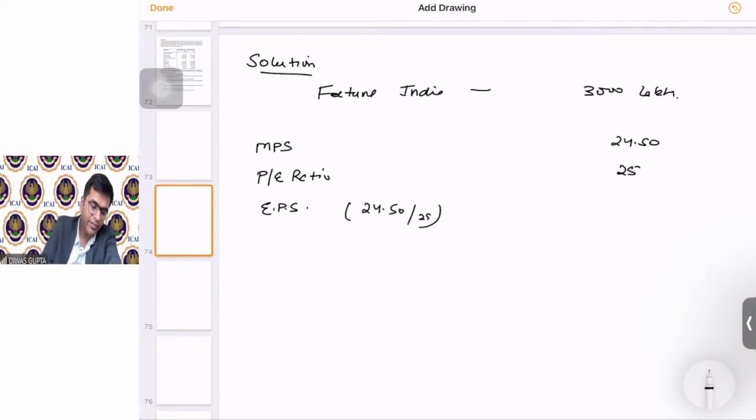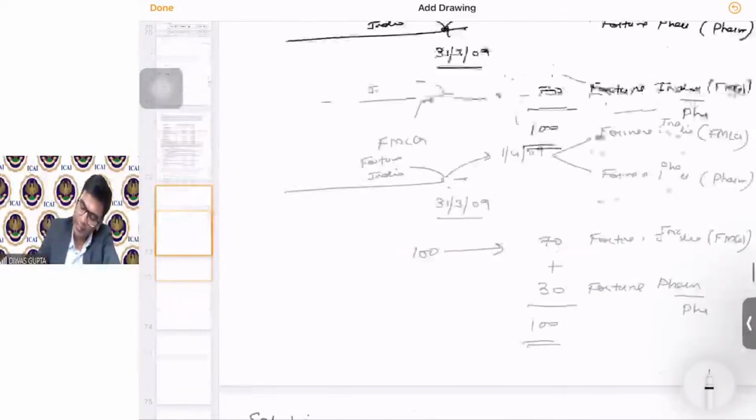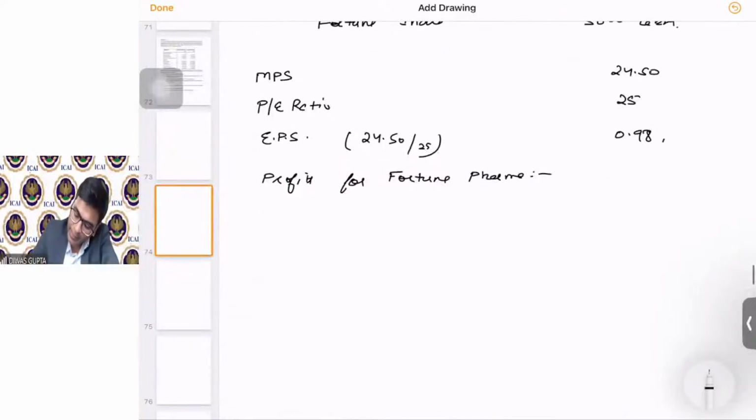24.50 divided by 25, which is 0.98 per share. Now students, one more piece of information to note is we have been given profits for Fortune Pharma, which are 1470 lakhs for the next year. So if EPS is 0.98 and the total profits are 1470 lakhs, can we calculate the number of shares?